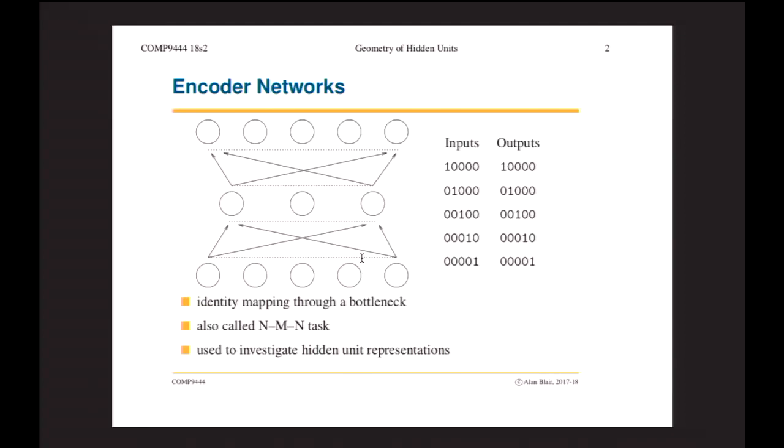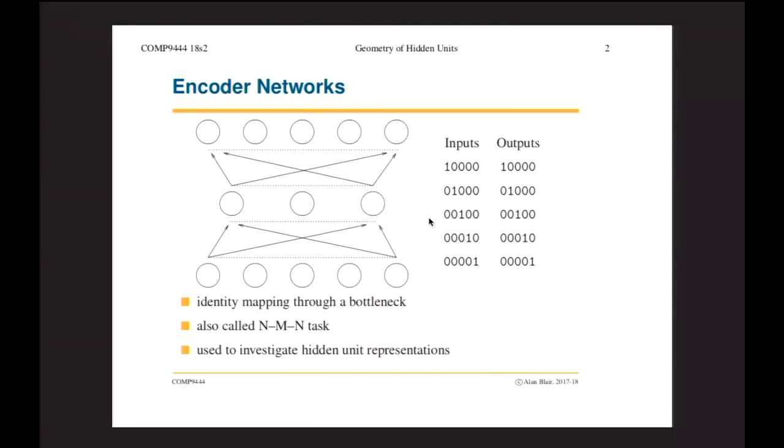This is called an N-M-N encoder task. N is the number of input units and the number of output units, and M is the number of hidden units. What's drawn here is a 5-3-5 network, but we can have any values for N and M. Often we just have what's called a one-hot encoding, at least for this visualization task.